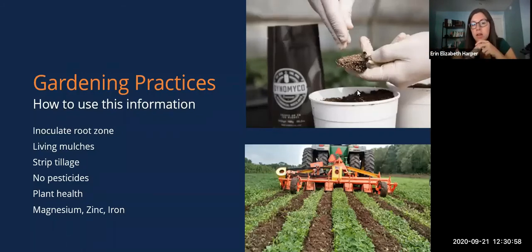So you can inoculate the root zones. There are some specific plants that have an inoculant that you can purchase. So that is helpful. Living mulches is probably a better way to go.